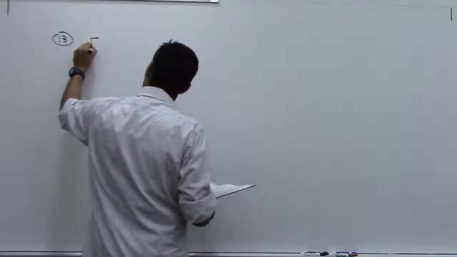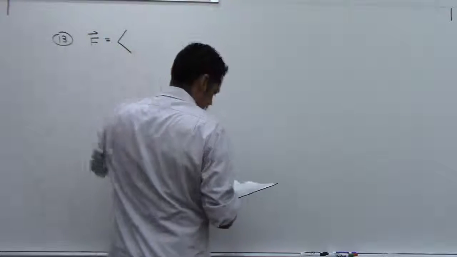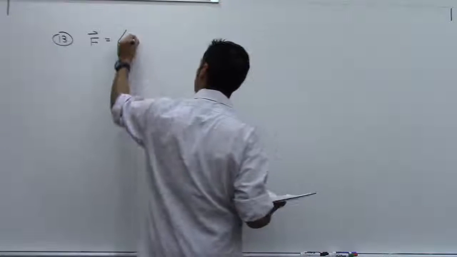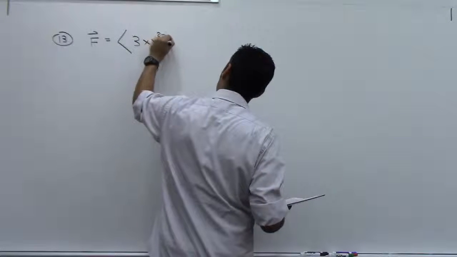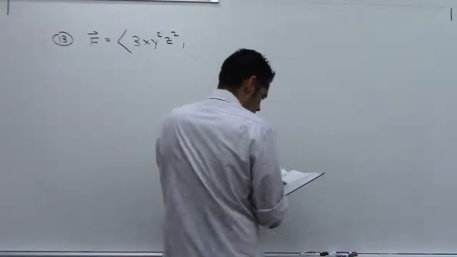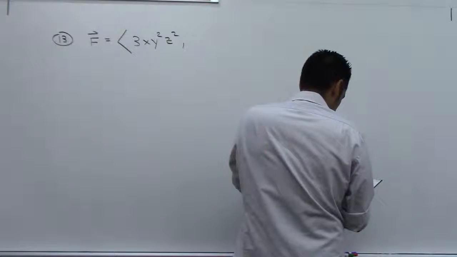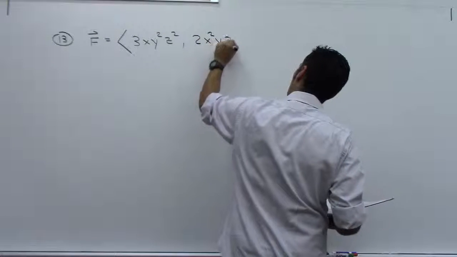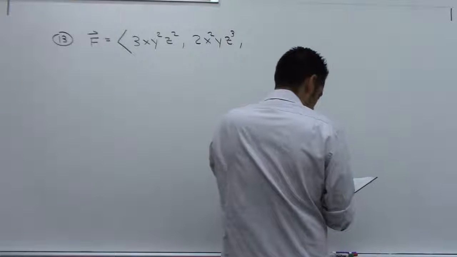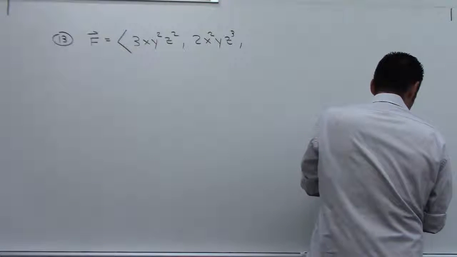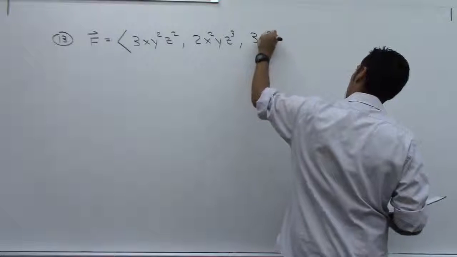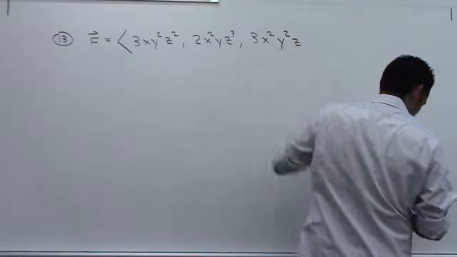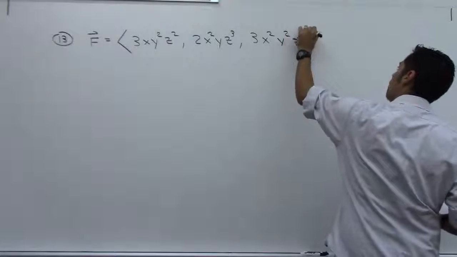we get a vector field 3x y squared z squared and then 2x squared yz cubed and then the last component is 3x squared y squared z squared.